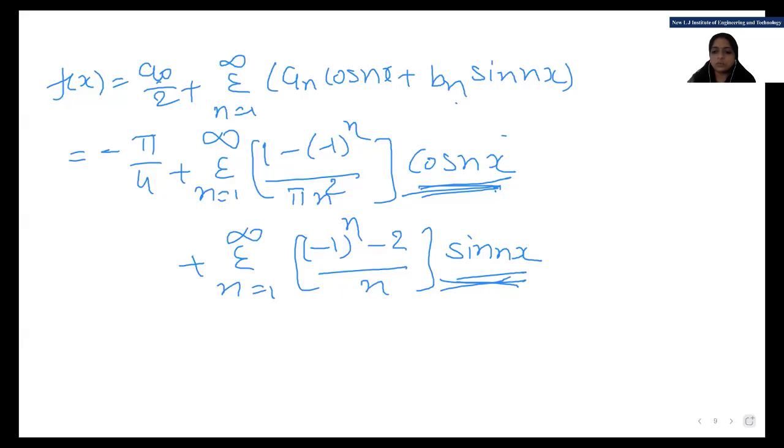So, students, now move with one most important topic, that is even odd function. Okay. This is the most important topic for the exam.